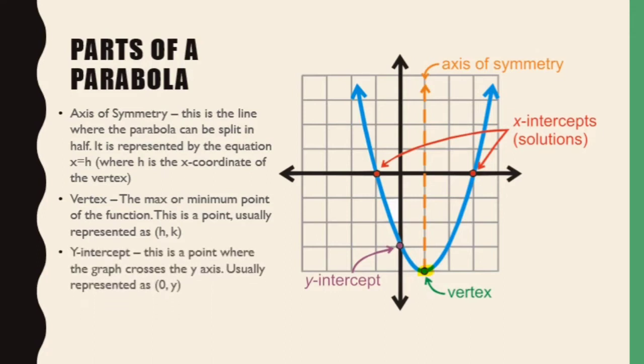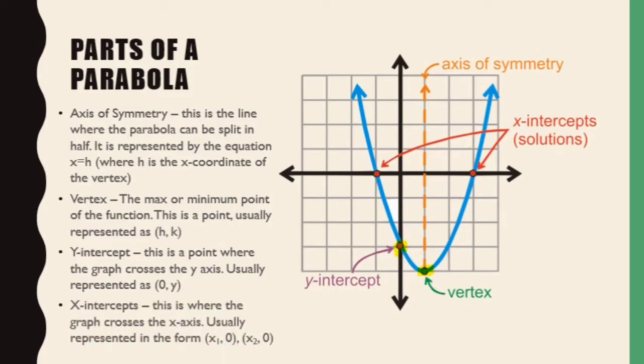The y-intercept is the point at which the graph crosses the y-axis, usually represented as (0, y). In this example, it's this purple point right here. That is the point (0, -3). The x-intercepts are where the graph crosses the x-axis, usually represented in the form (some x value, 0) and (another x value, 0).